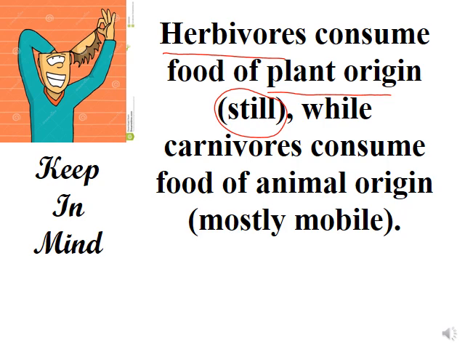While carnivores consume food of animal origin, so mostly it's mobile, like the case, for example, of the cheetah going to hunt a deer. The deer is a food of animal origin and it's mobile. Okay?